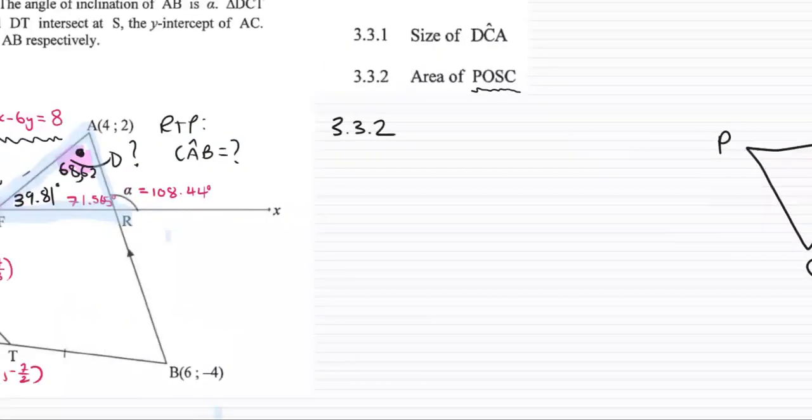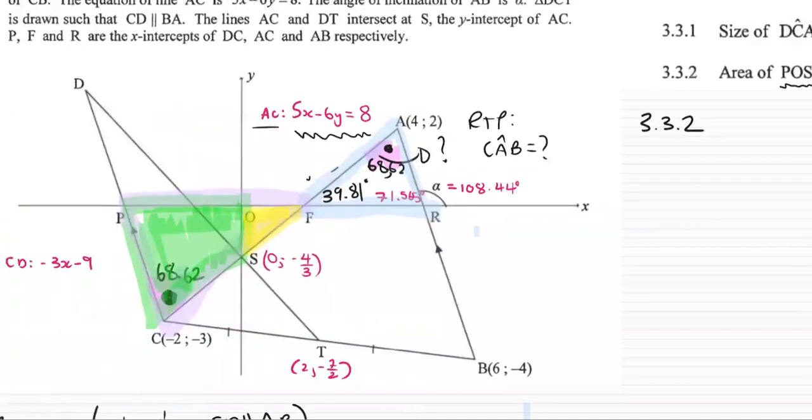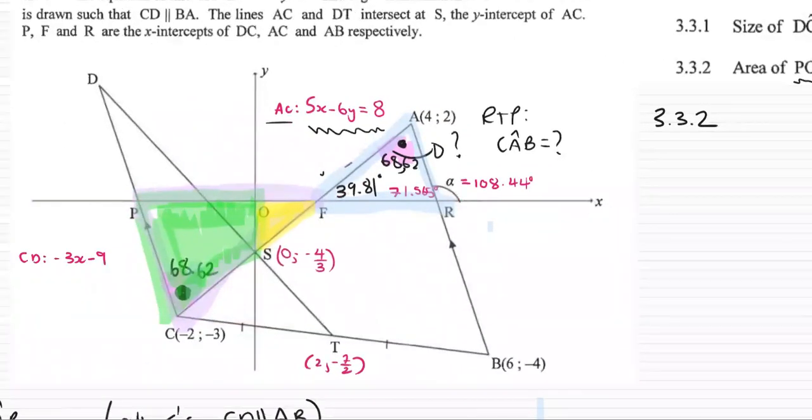Well, let's see what we already have. We already have the angle 68.62, which is within the triangle. But if you take a look over here, we also have angle PFC for vert op is going to be 39.81. So those are two angles we could work with.